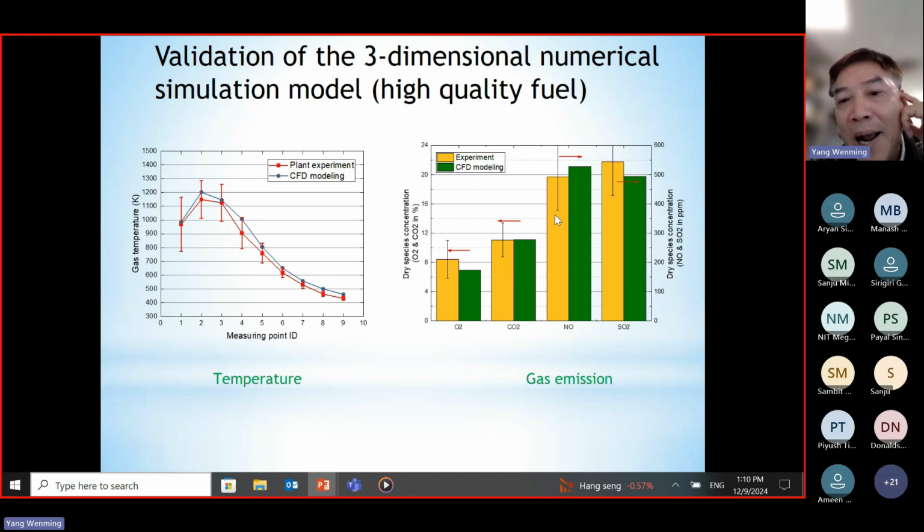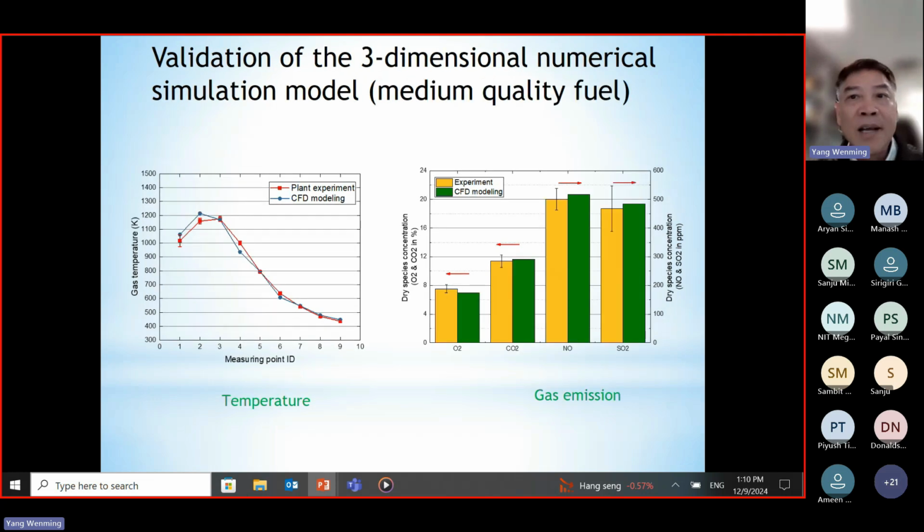The second one also compares major emissions, for example, O2, CO2, NO, and SO2. And again, a good agreement has been achieved between the simulation results and the experimental results. Next, we have also validated the three-dimensional numeric simulation model for the medium quality fuel.